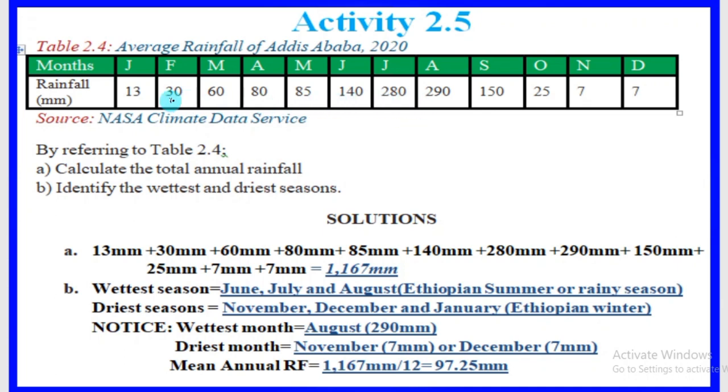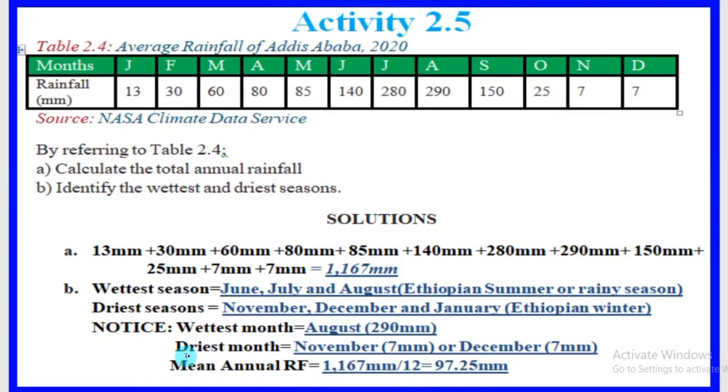For example, from given records, we have 290 millimeter. The largest one is 290 millimeter, and it is August. So August is the wettest month from this given data.